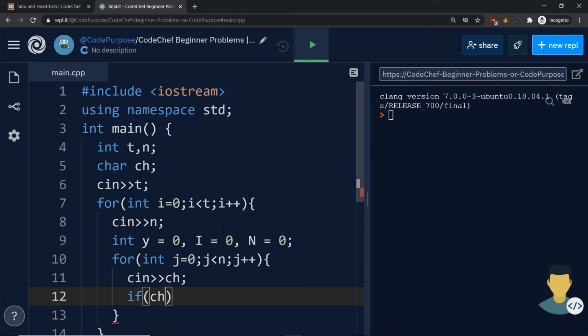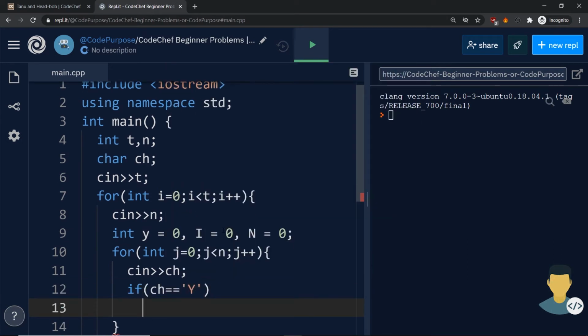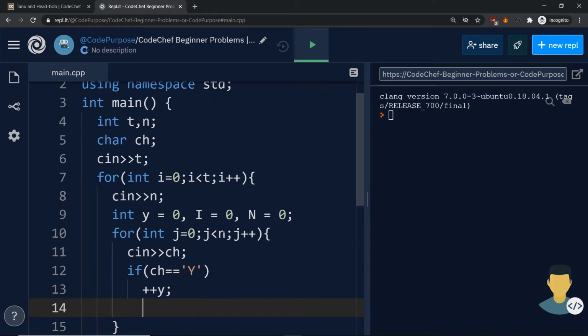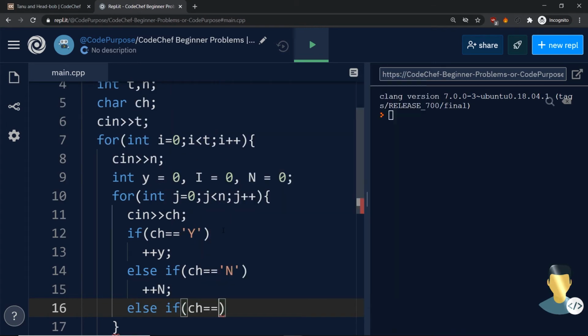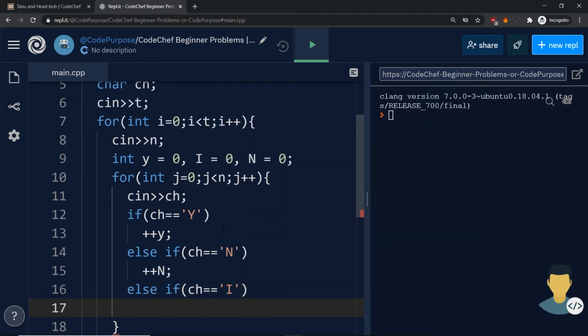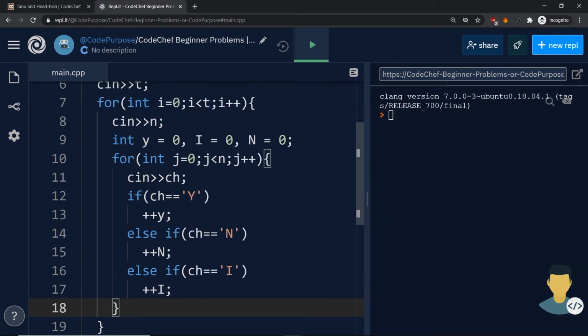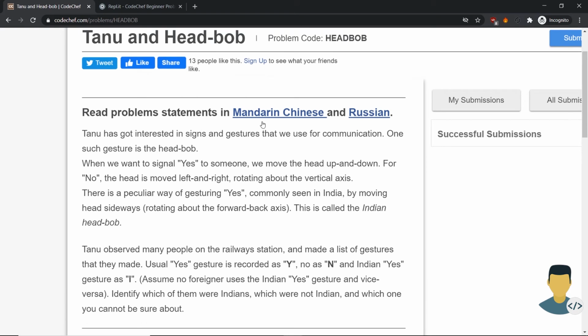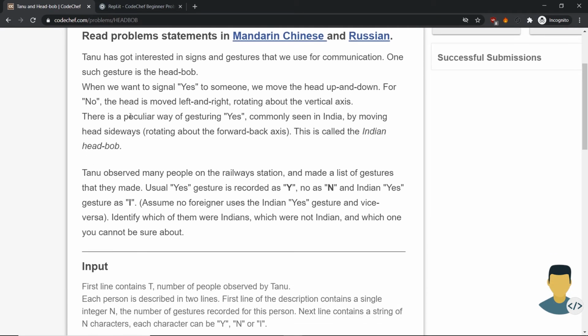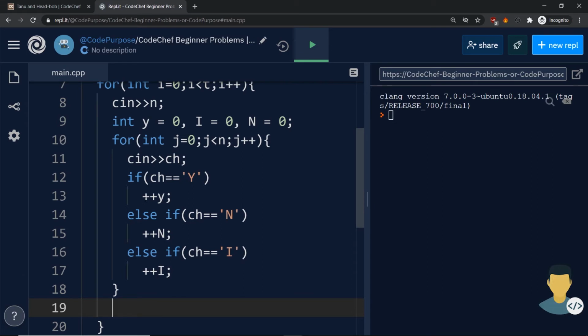So if the character is equal to big Y, then plus plus Y. Else if the character is equal to N, then plus plus N. Or if the character is equal to the Indian yes, then we get plus plus I. The way we separate the Indians from the other ones is if they say yes in the Indian way, because the no is the same for both Indians and the French people.